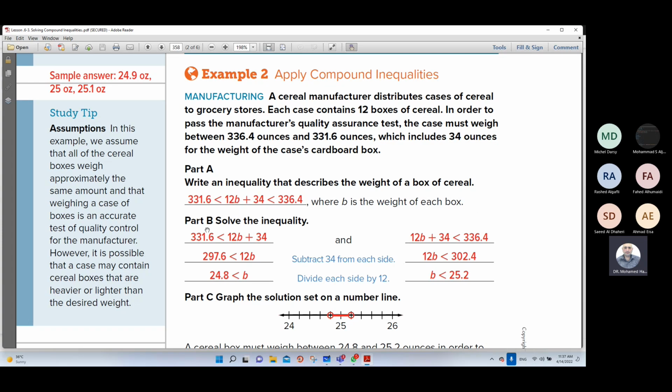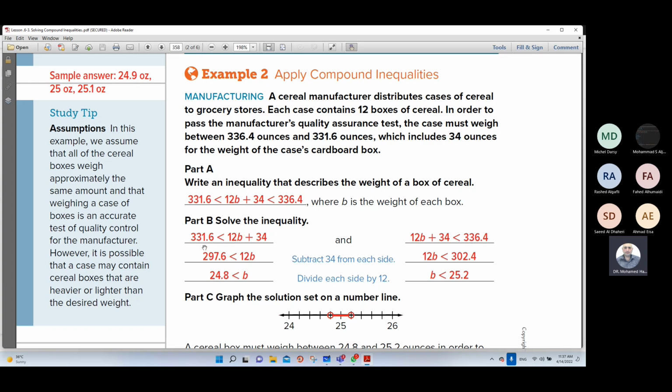The second step, we want to solve this compound inequality. So we can separate this compound inequality into two easy inequalities. We can take the first part here, 331.6 less than 12B plus 34, and take the second part here, 12B plus 34 less than 336.4.